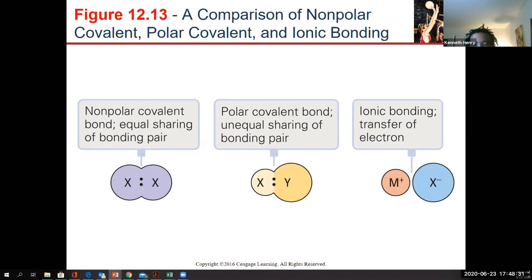So the electrons being shared are pulled more towards the bigger one in this case. The electrons shared between these two, this one gets them most of the time, the little one gets them a little bit of the time. It's the ability to pull those electrons closer to itself so that it gets them the majority of the time.